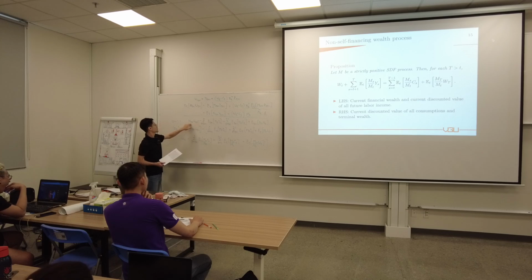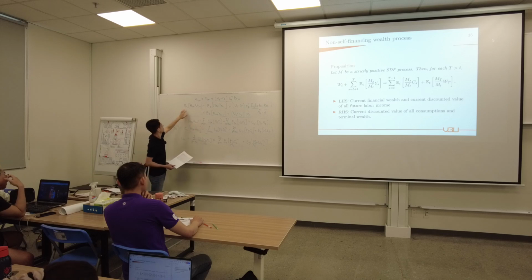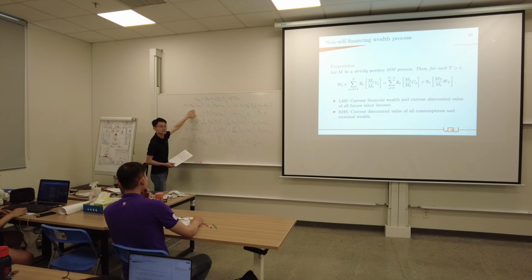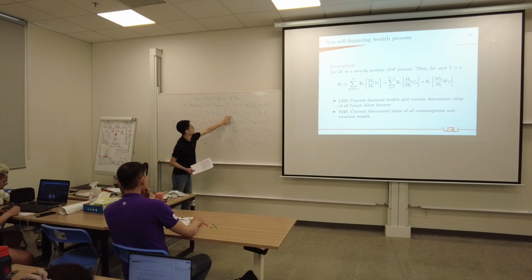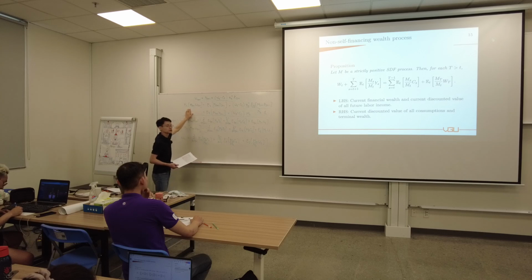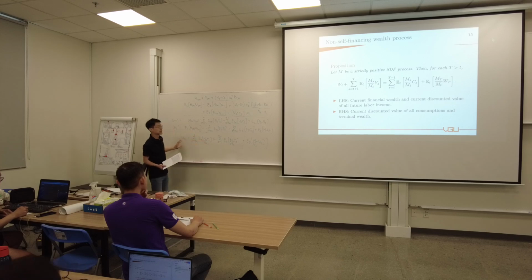On the left-hand side, we have m_(τ+1) w_(τ+1), and we know that we also have the same expression in our intertemporal budget constraint. So these two are the same thing. We equate these two equations, and we find that this budget constraint is correct at time τ.